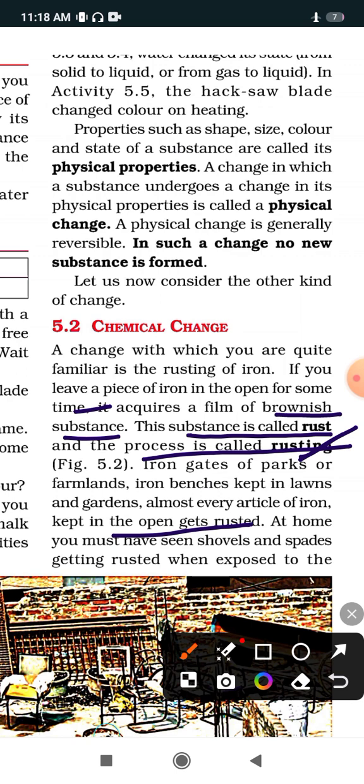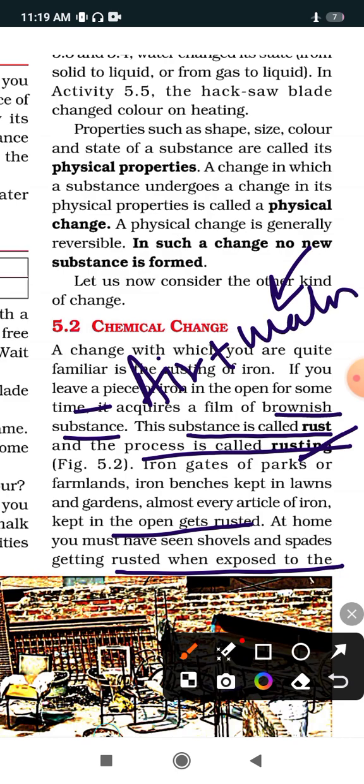So if it comes in contact with water and air, it gets rusted. At home you must have seen shovels and spades getting rusted when exposed. Clear. So every substance made up of iron will rust when it is left in the open.